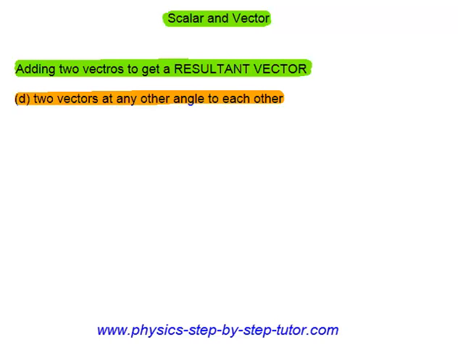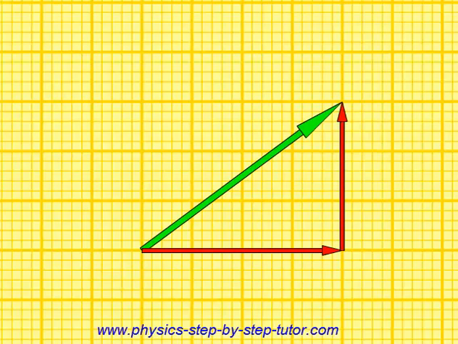We will see that one in a moment. Now we are talking about vectors which are acting on an object, and the angle between them is any other angle other than 0, 90, or 180 degrees. Let us say maybe 45 degrees. We will understand this by using a grid.